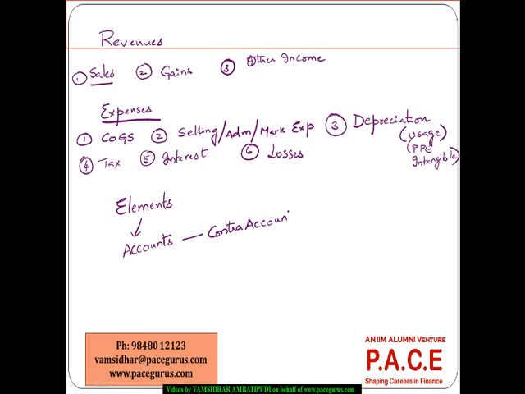A good understanding of this framework will help us in making the entries into the financial statements quite comfortably. All right, now that we know all the five major elements, a few things which we need to understand are the relationship between these five elements, which typically boils down to the accounting equation.